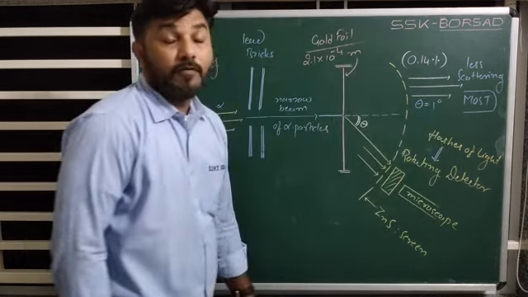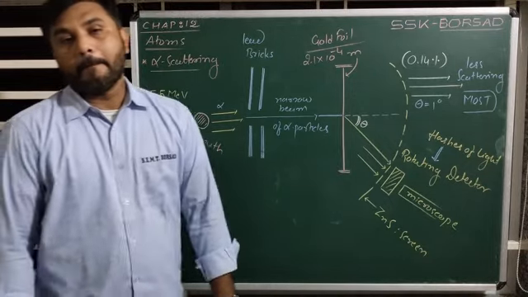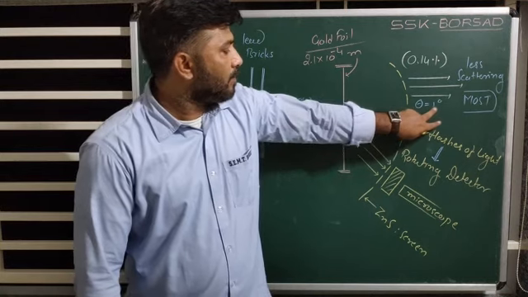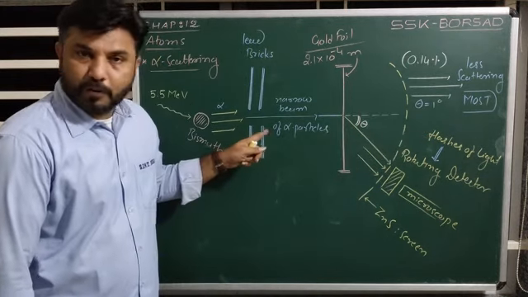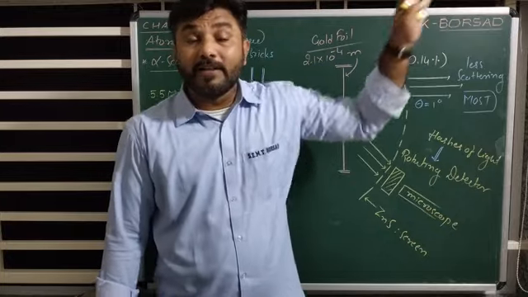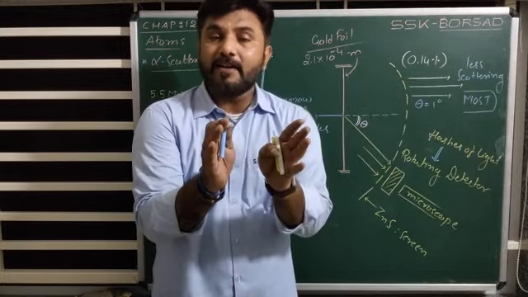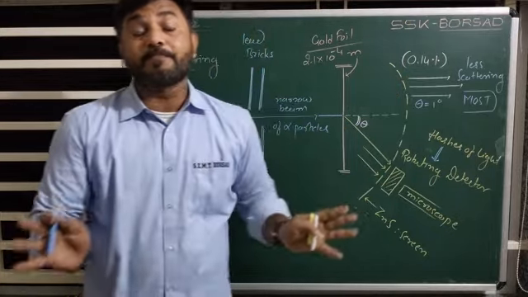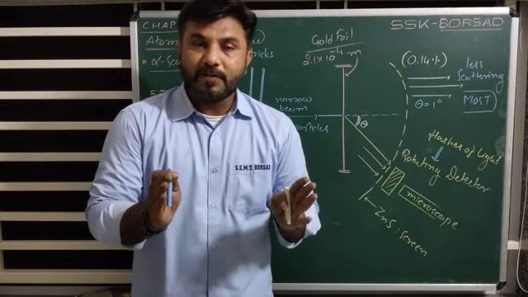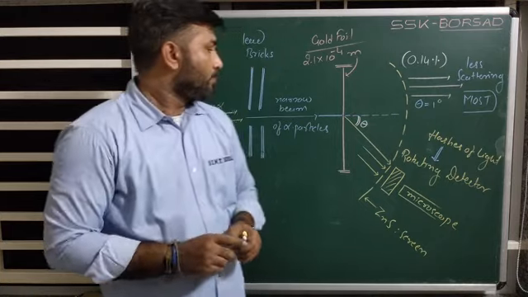Less than 1 degree. So it shows that alpha particles having positive charge are moving forward without any scattering, means inside the atom there will be an empty space. What that empty space is called, that we will see later on.